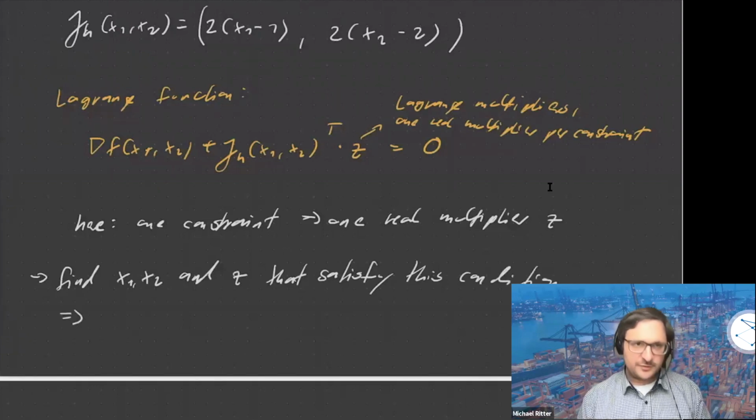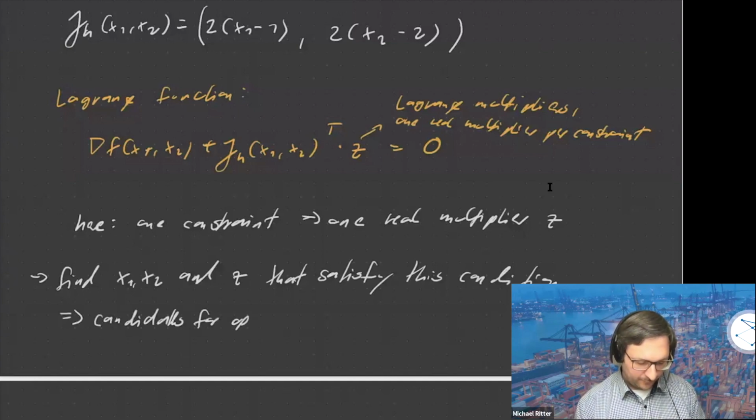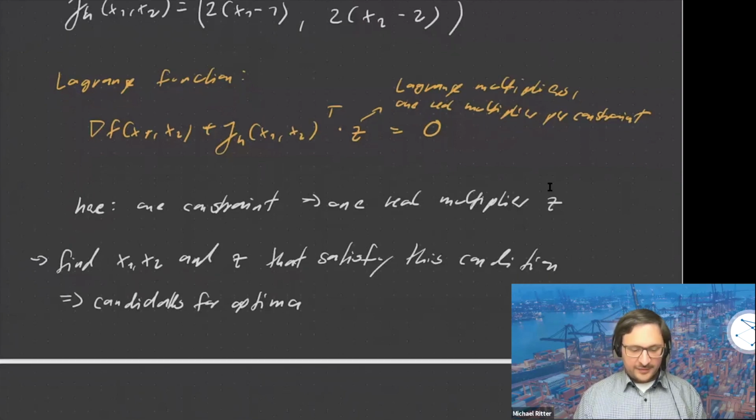And all such pairs of points and corresponding multipliers then give us candidates for optima. Okay, not necessary that those actually are optima, but that are the candidates. Each optimum has to fulfill this condition here.